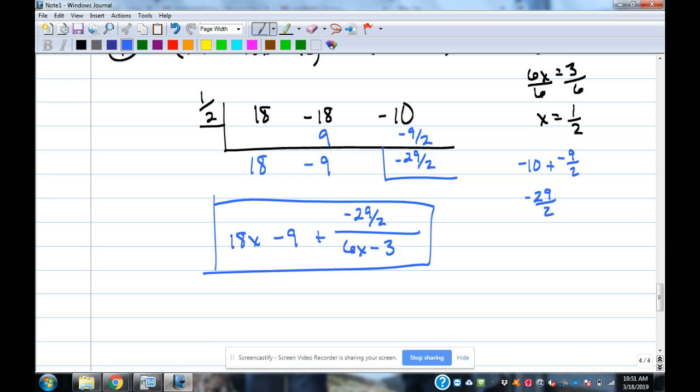Good mix there. Can I say that again? Sorry. Ones that have to be done with long division have an x squared in their divisor. So number 3, 4, 5, 6, 10, 13, and 15. The rest of them I would do with synthetic.